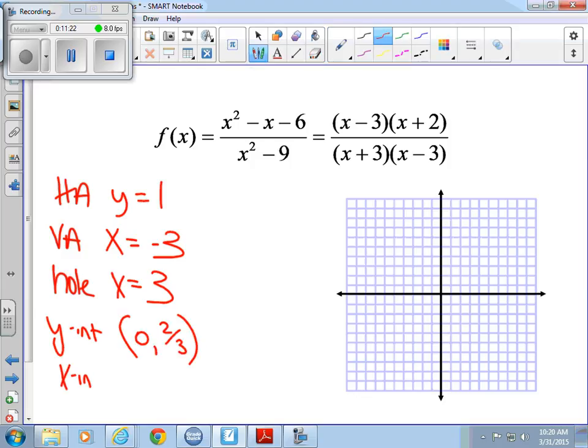And the x-intercept: now remember, I can't use holes, so what's the only x-intercept up there? -2. The x-intercept is what makes the top equal 0. When does the whole function equal 0? That happens only when the top equals 0, since fractions are 0 when the top is 0. And so the x plus 2 will tell.